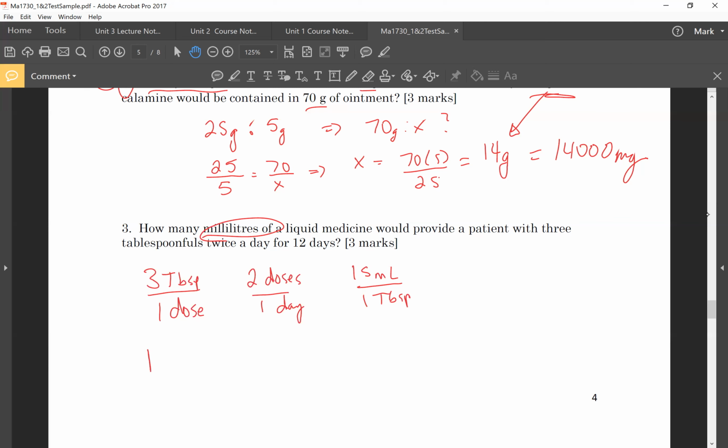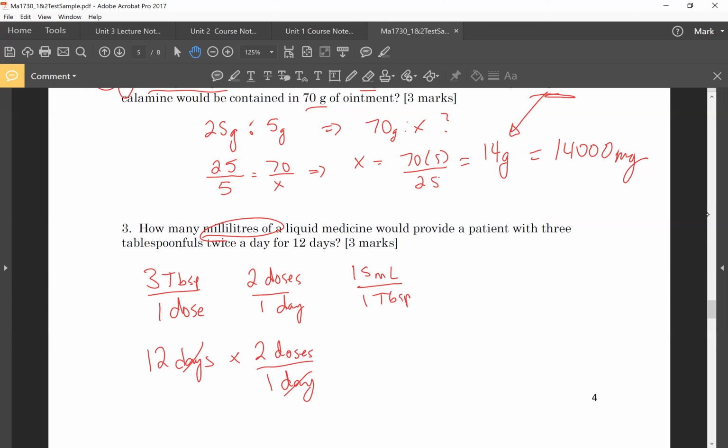All right, so they are going to take 12 days' worth of doses. They are going to take 2 doses per day. Now, think about this step by step. 12 days, 2 doses per day. So that's 24 doses. They're going to take the medicine 24 times.